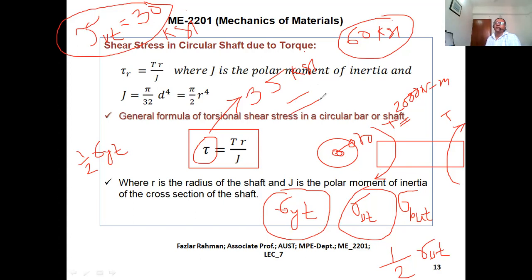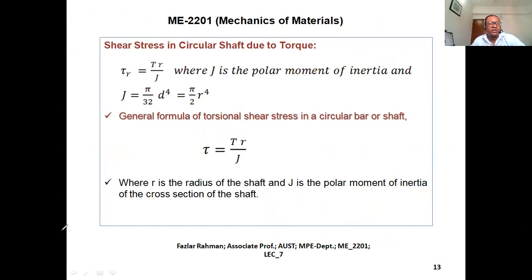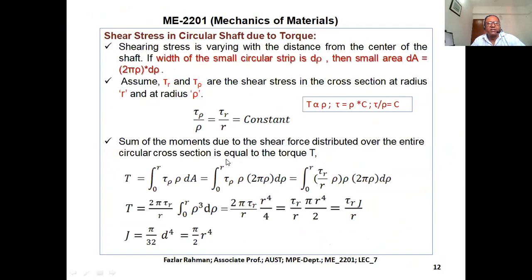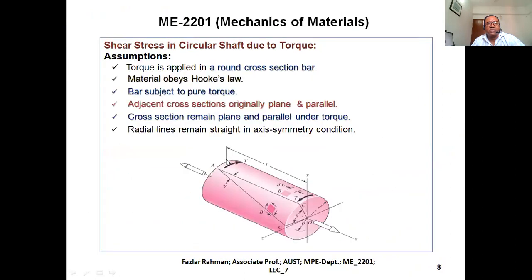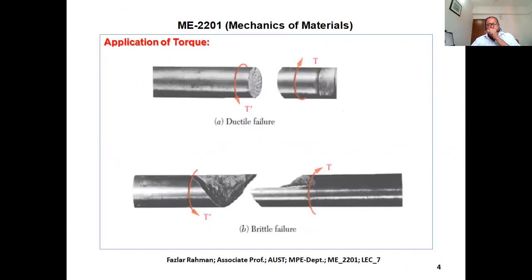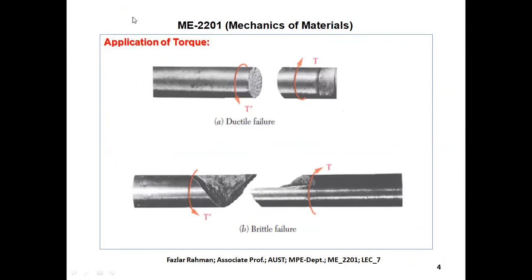Okay. So either you need to increase the diameter, or you need to use a higher strength material, right? And if you see the failure mode of the structure by shear stress, I'll update the slide. It will look like that. Due to the torque, one second, excuse me.